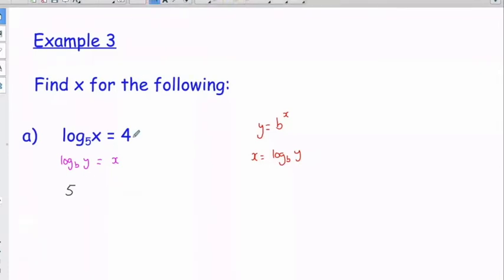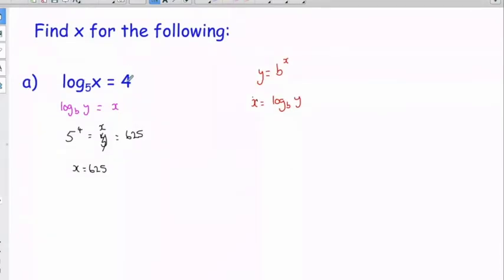So my 4 is this x here, and that needs to become my power. So 5 to the power of 4 is equal to this x, which is the y. So that's equal to y. So 5 to the power of 4, I don't know that offhand. Do I? Is it 625? Yeah, it's 625. So I should probably have written x there. So x is equal to 625, and we can check that.